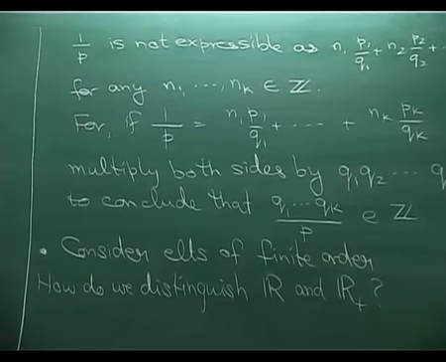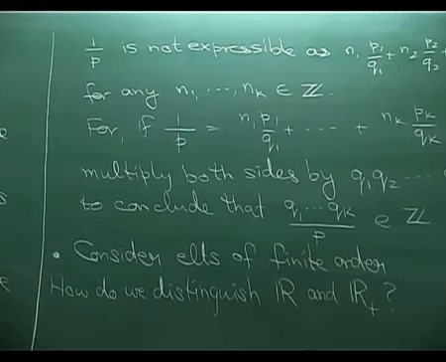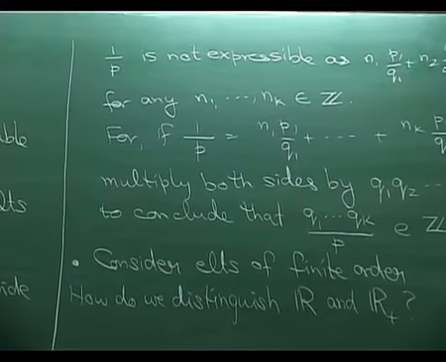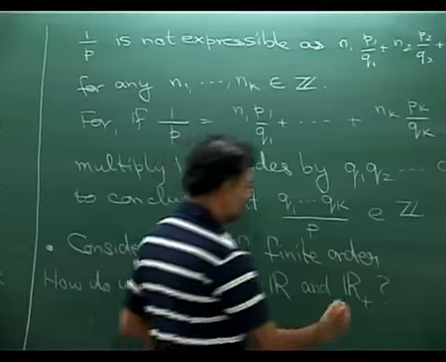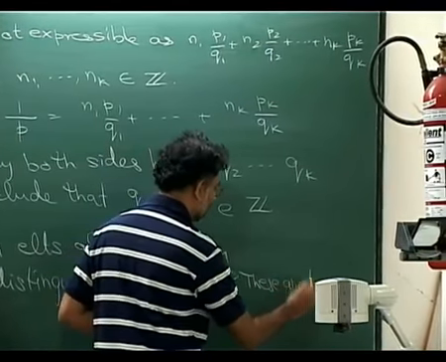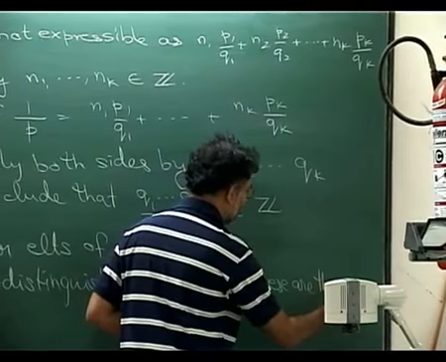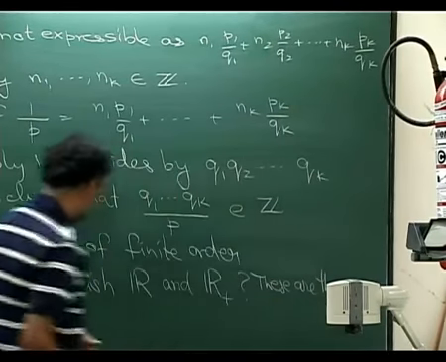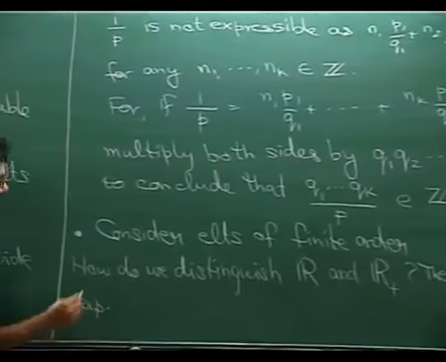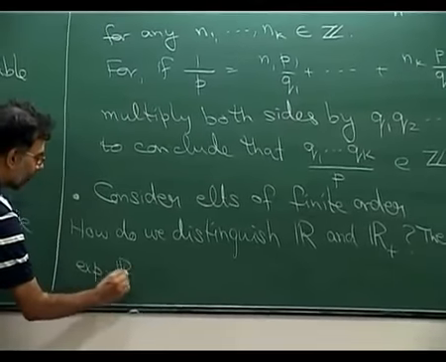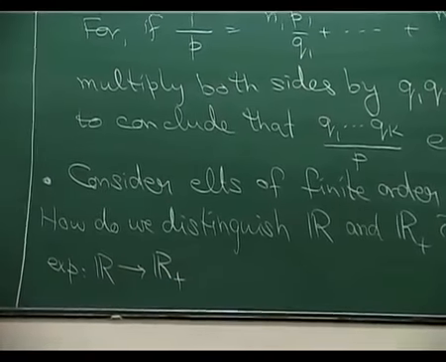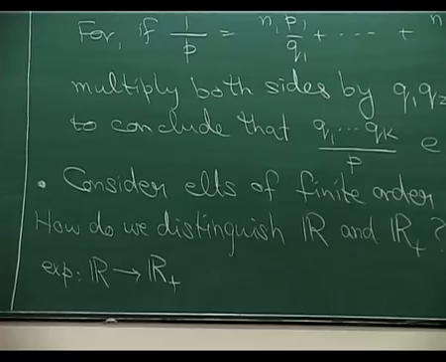And then of course we can just refer to Sundar's lecture and say the exponential function gives you a map. So these are the same, they cannot be distinguished. So consider the exponential map from R to the positive real numbers, x goes to e to the x.